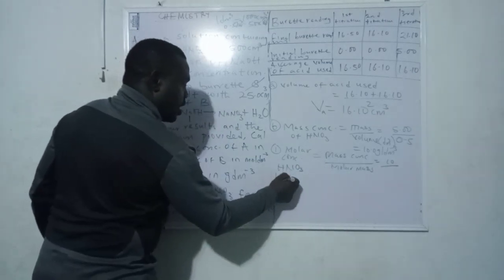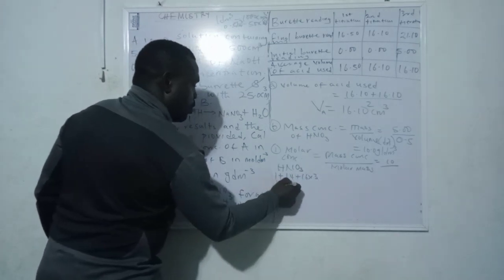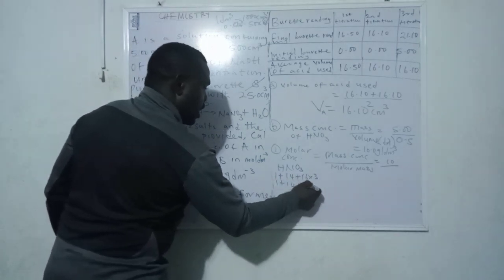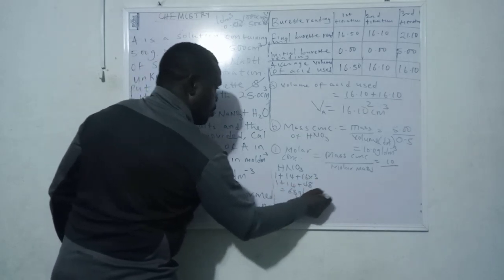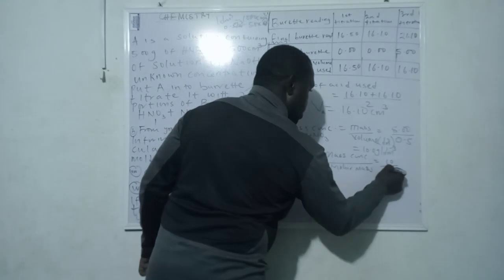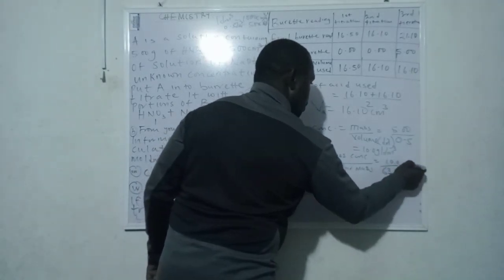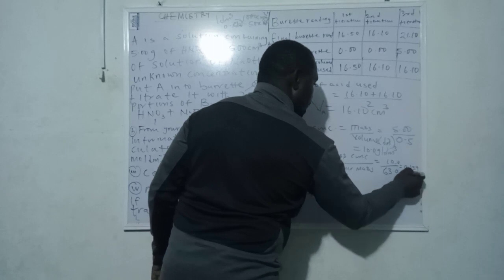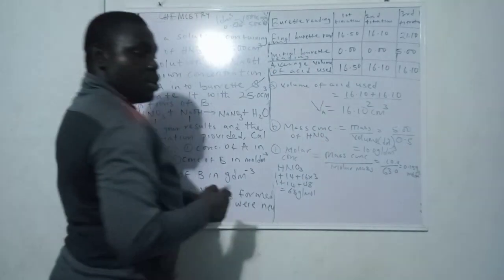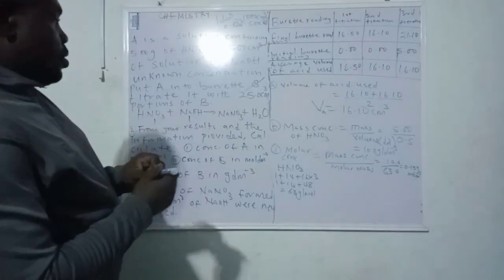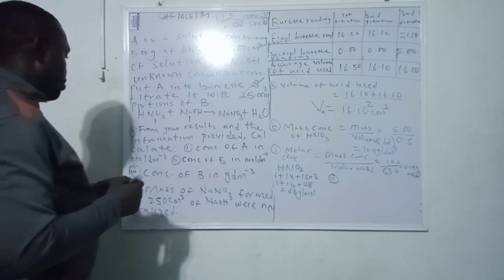So the mass concentration is 10, and the molar mass of HNO3: hydrogen is 1, nitrogen is 14, oxygen is 16 times 3, which is 48. So 1 plus 14 plus 48 gives 63 gram per mole. You divide 10 by 63, so you're going to have 0.159 mole per dm³. You could cross-check that.